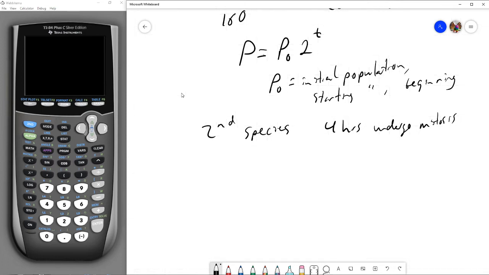So if we have a single bacteria, then this is at 0 hours. Now at 4 hours, we have 2 bacteria, 8 hours, we have 4, 12 hours, we have 16.